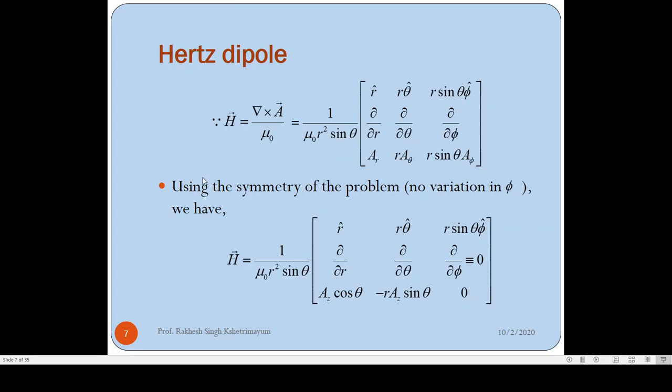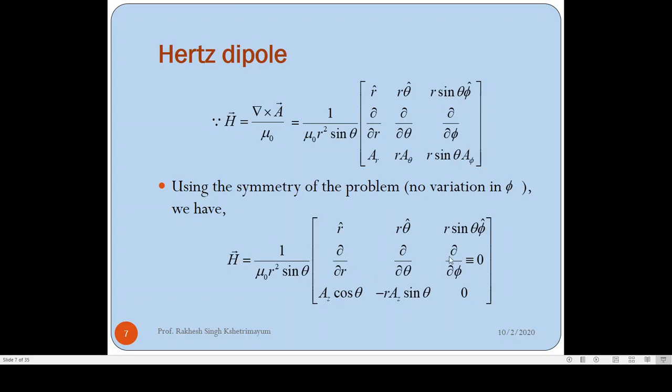And you also see that your field will have no variation along phi, because your Hertzian dipole was directed along the z-axis, so there should not be any variation of the field with respect to phi. So let us find the magnetic field.